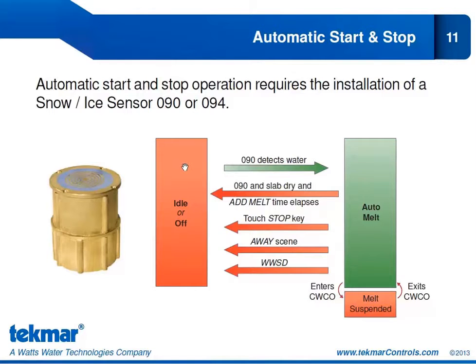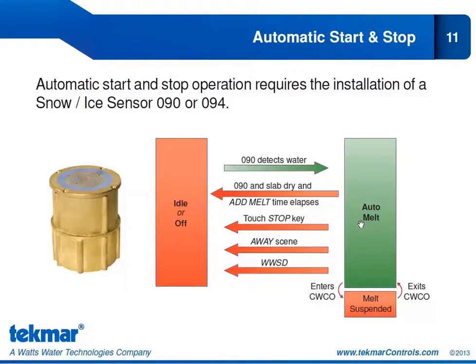So how do we move from the idle or off position into a melt state? Well, the automatic way of doing so would be for the 090 or 094 to detect water. When it detects moisture, right away we automatically start a melt cycle. Now, how do we come out of that melt cycle back to the idle or off state? We can do so automatically, and that happens when the sensor is dry and the add melt time has expired.